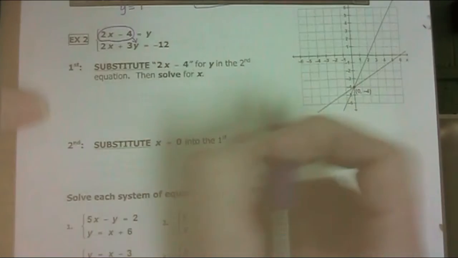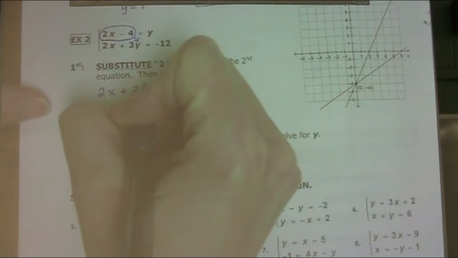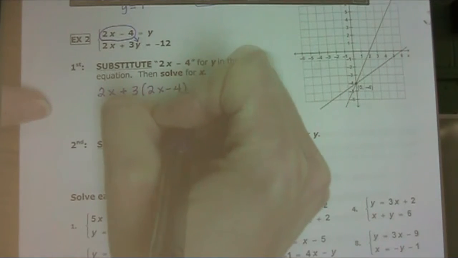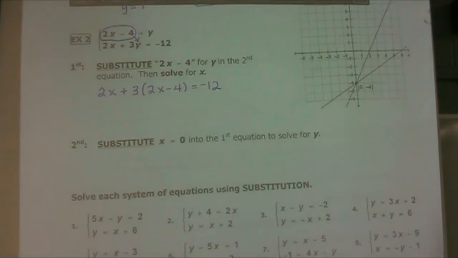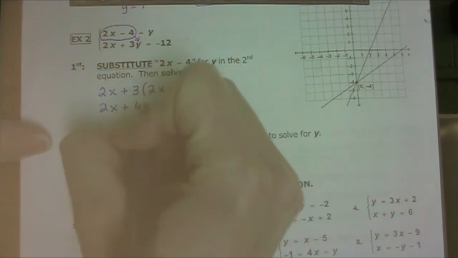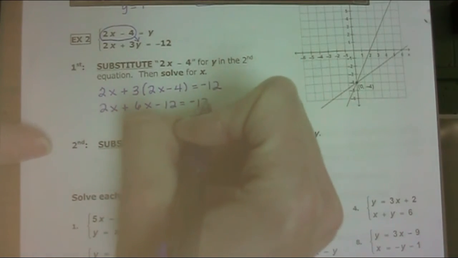All right, so what I have in that second equation now is 2x plus 3, and then in parentheses, 2x minus 4 equals -12. Notice I don't have any y's in this equation. I have all x's, so I can solve. So go ahead and distribute, and we get 2x plus 6x minus 12 equals -12.